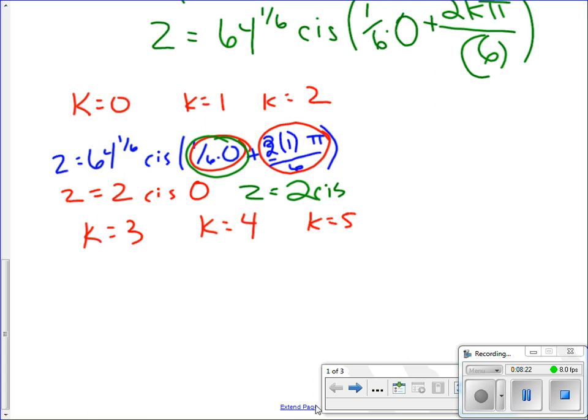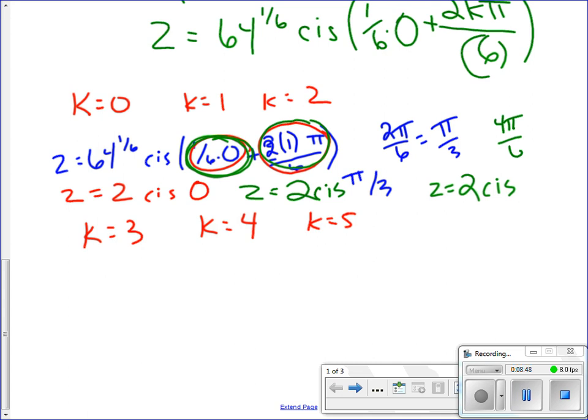So that's 0 plus 2 pi over 6, which simplifies to pi over 3. That's my answer when k is 1. Now when k is 2. Modulus is still 2. This stuff here will still be 0. This is now 2 times 2 pi over 6. So it's now 4 pi over 6. Simplify the fraction, and it'll be 2 pi over 3.